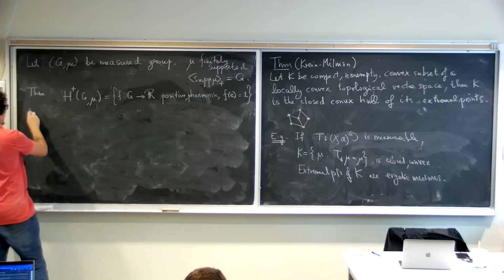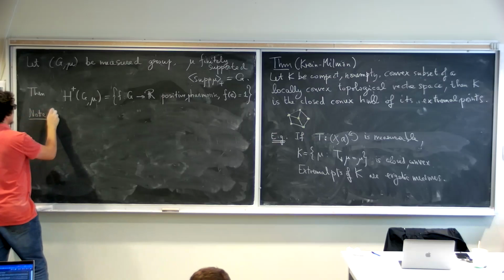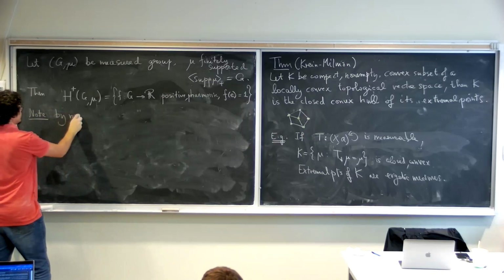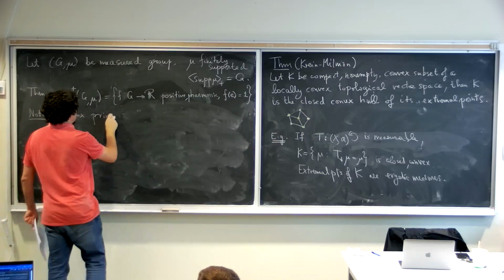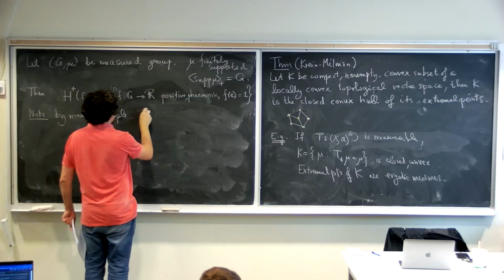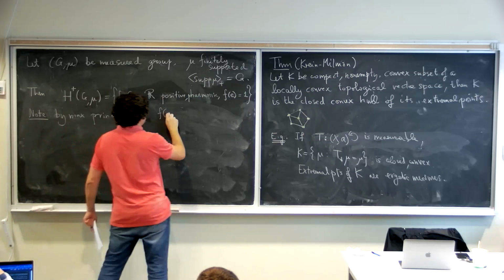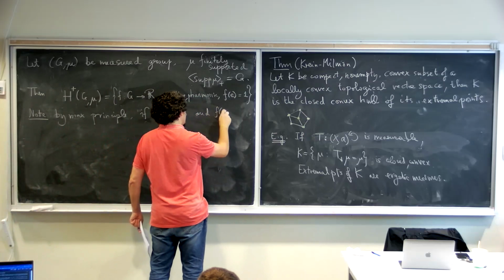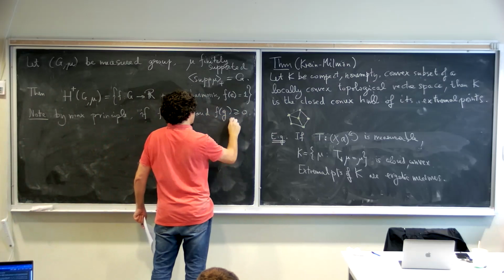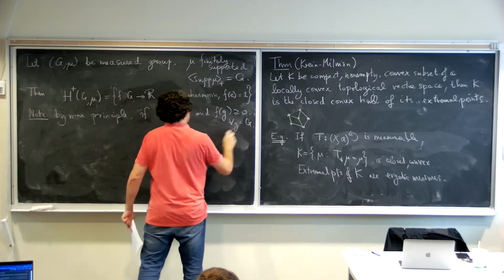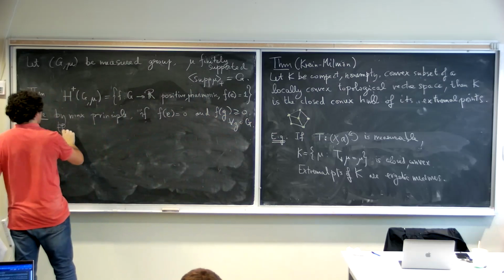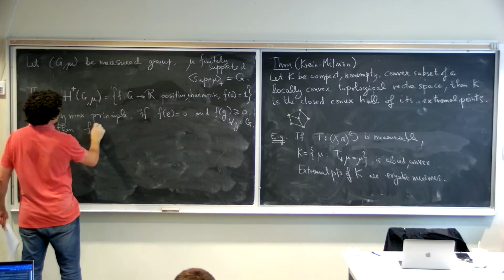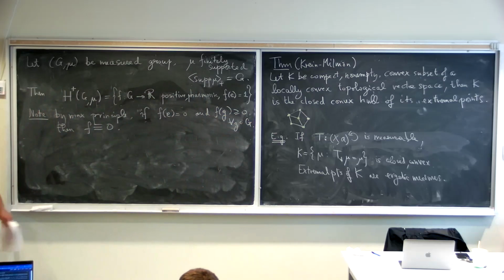So recall, note, by the maximum principle, if F of e is 0 and F of g is non-negative for every g in G, then F has to be 0.